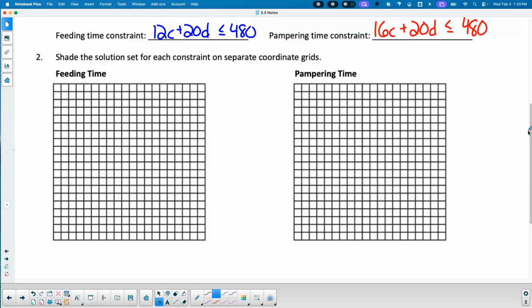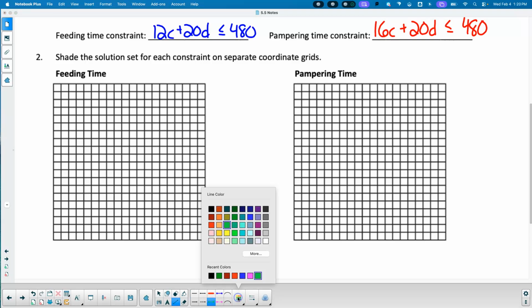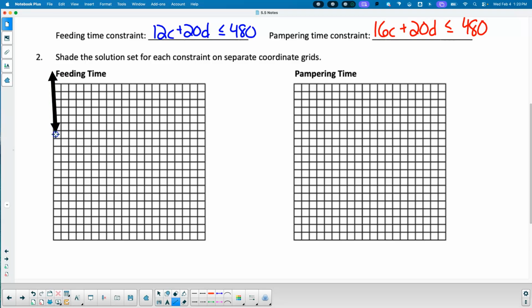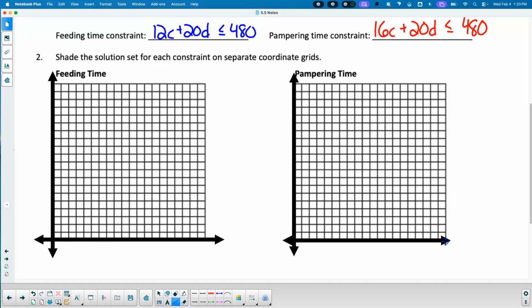Because we're not going to board negative cats. We're not going to board negative dogs, right? So we only need the upper right-hand first quadrant because we don't have negative dogs or negative cats. So we can set up like that.